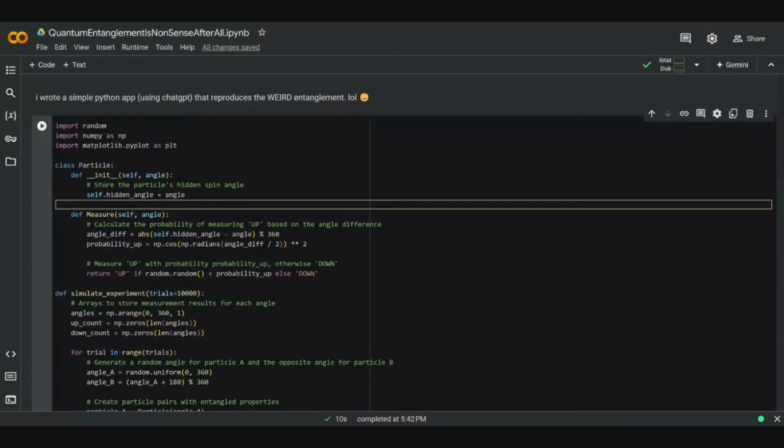I think you have to say cosine. You don't have any choice. But this is cosine squared. I think this is literally Bohr.